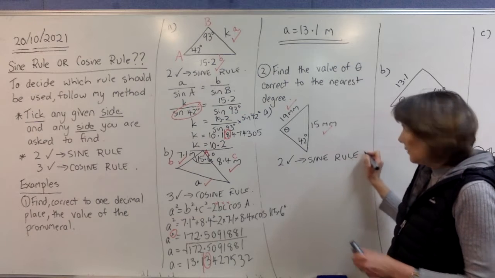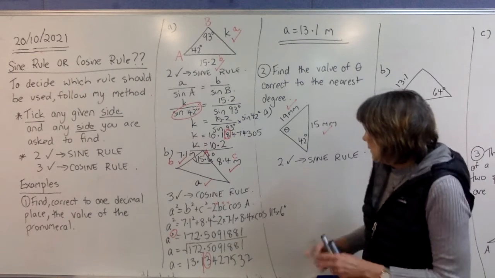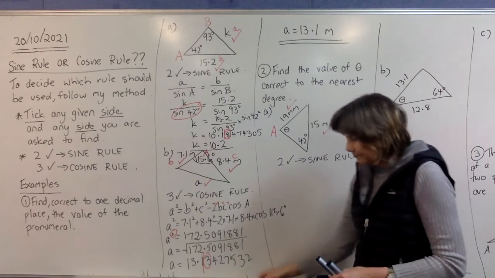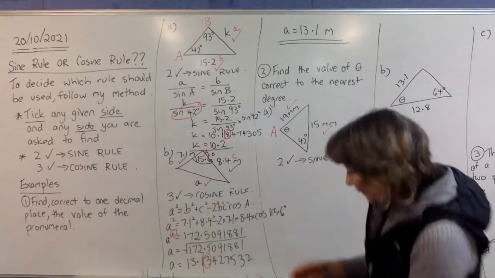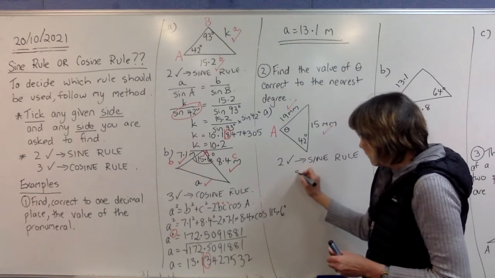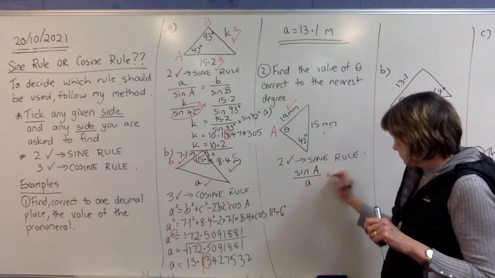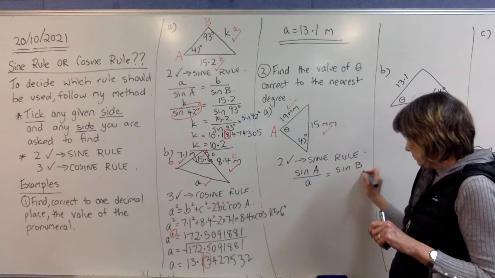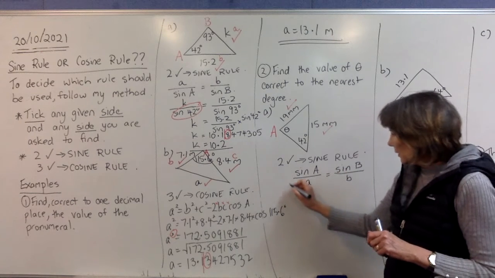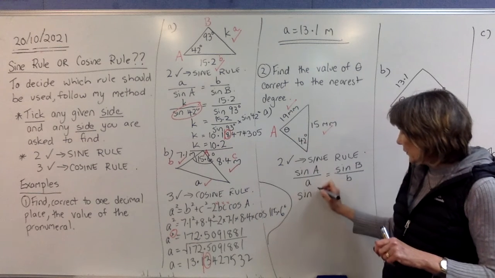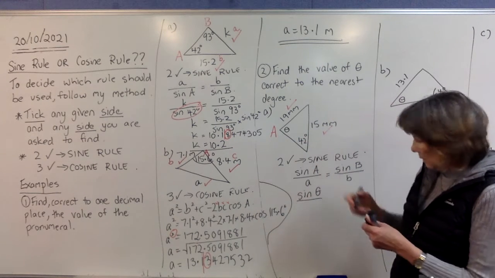So this time we're finding an angle. So I'm going to call this angle A because that's what we're looking for. And we'll start with our sine rule formula for finding an angle. Alright, so now we're going to sub in. We'll put the theta there for A over.